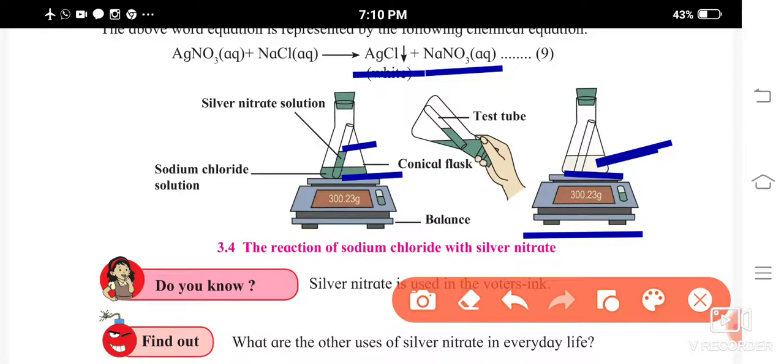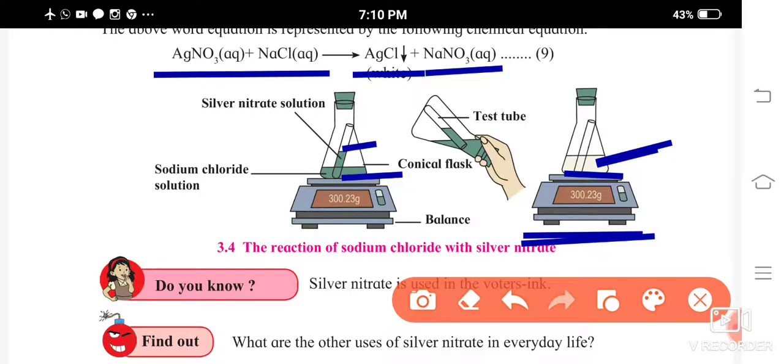I'll show you the reaction, but before that, let me tell you, even after the reaction, the mass is going to remain the same. That is the clip which I am going to show you. I'll just show you the reaction between silver nitrate solution and sodium chloride.